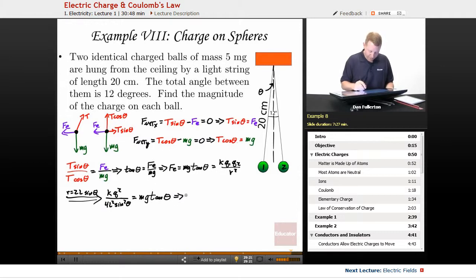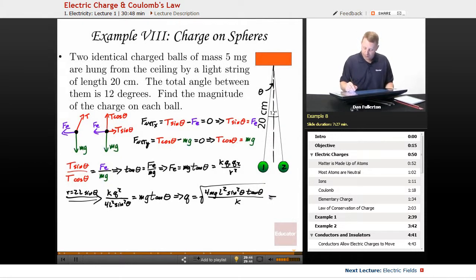This implies that our charge itself, rearranging this and solving for just Q, must be equal to the square root of 4 mg L squared sine squared theta tangent of theta, all over K. Wow, that's quite the equation.